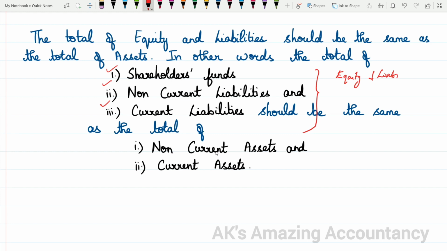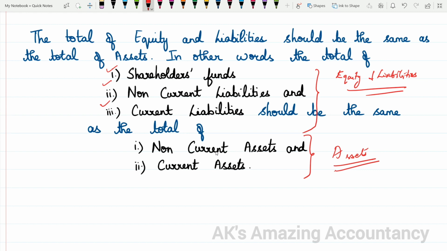Then you have to find the total of non-current assets and current assets, and this will give you the total of assets. So the total of equity and liabilities should be the same as the total of assets. Then only you will say that your balance sheet is correct.